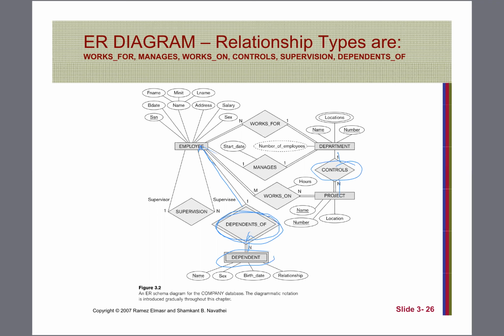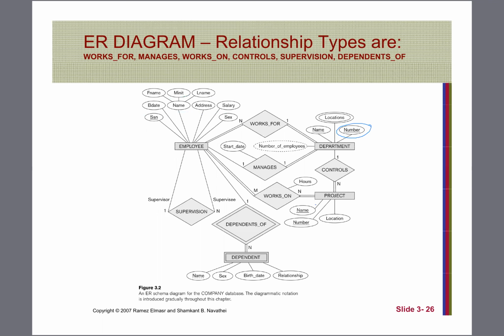And to remind you, to any entity there are some related attributes. So these are all attributes of the employee table. The attributes which are underlined are known as the primary key for that particular table or entity. In the same way, number here is a primary key again.